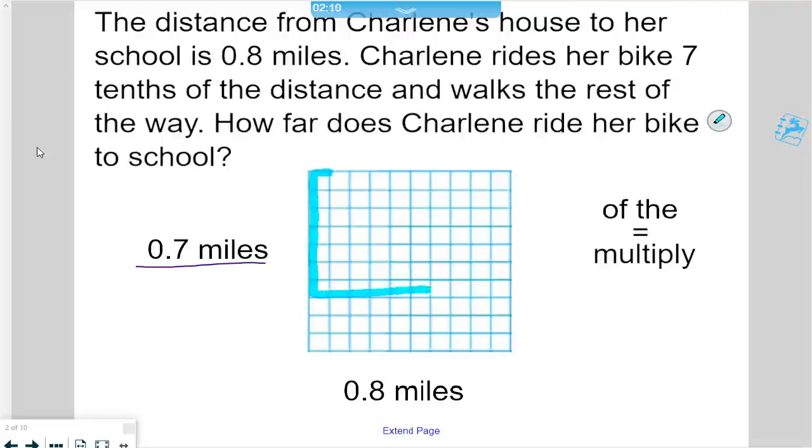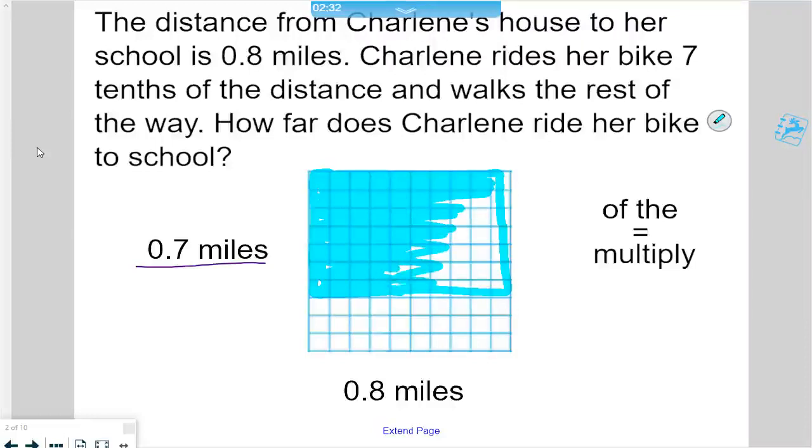And then I'm going to color all the way over, because that's 7/10. Each row is 1/10. So let me get this colored in. The longest part of today is coloring all this stuff in. All right, so there's my 7/10.